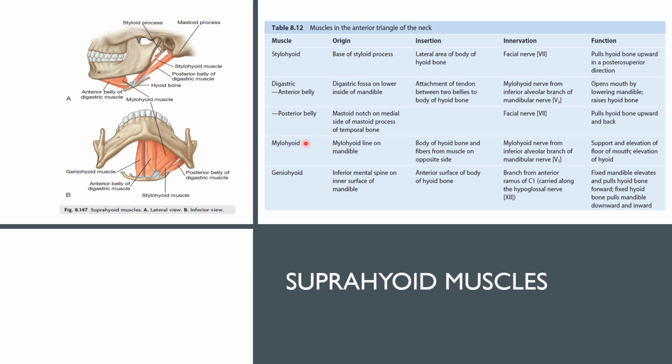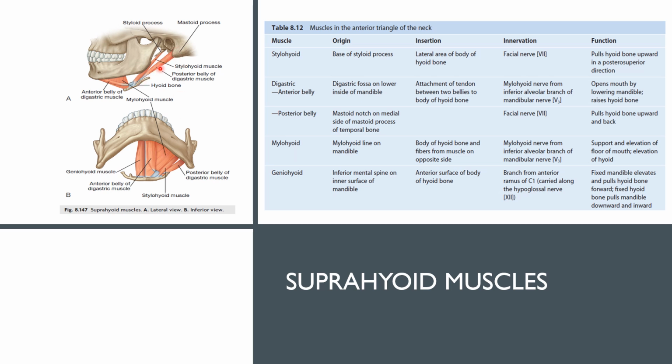The third muscle is the mylohyoid, and this is a broad muscle that shares in the formation of the floor of the mouth, attached to the mylohyoid line, which is found throughout the mandible here, and inserted into the hyoid bone. So it forms part of the floor of the mouth.